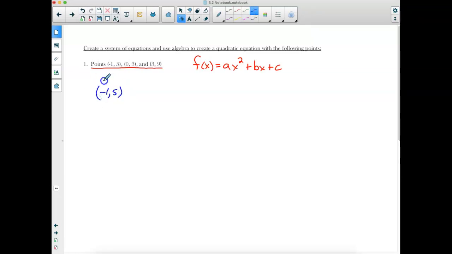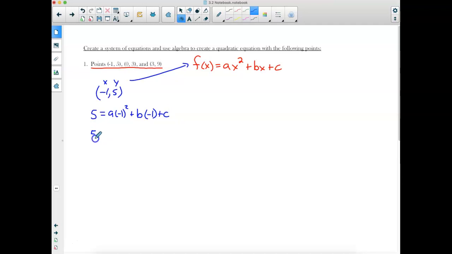If I take this x and this y and I plug it into this equation, remember f of x is just a y, so I get 5 equals a times -1 squared plus b times -1 plus c. I'm just plugging all the x's and y's in there.